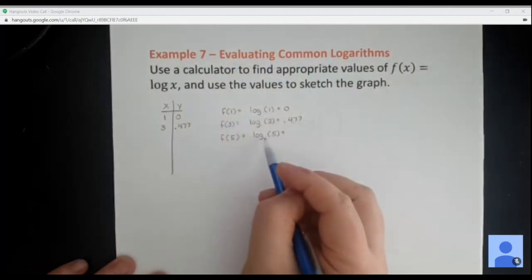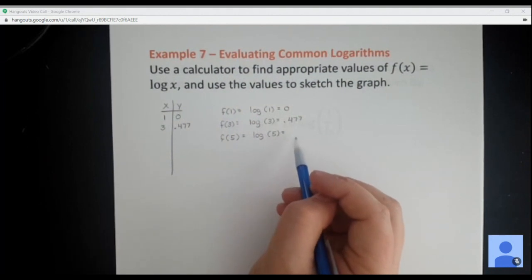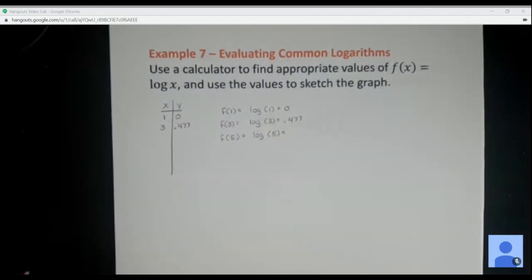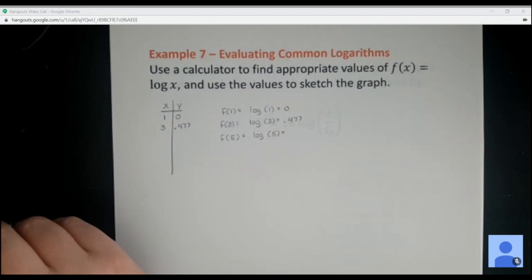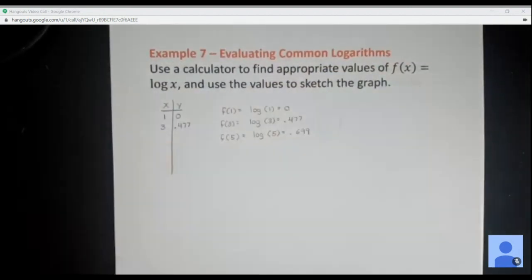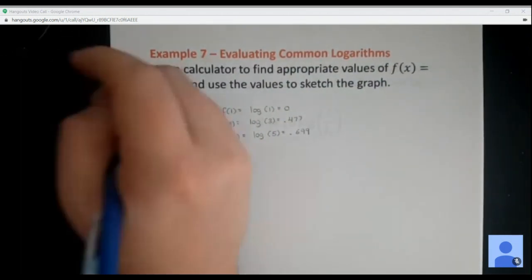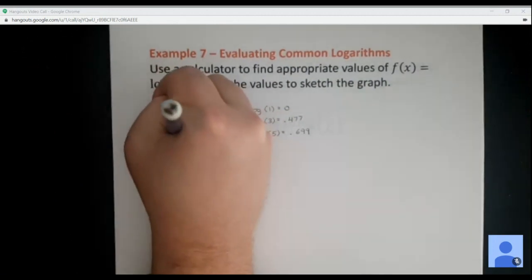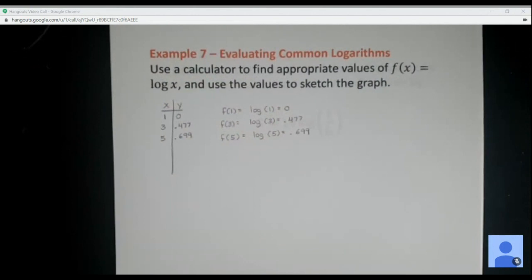Again, this is 10 to some power gives us 5. There is no good answer there that I can figure out mentally, so I'm going to have to use my calculator. What do we get when we take the log of 5 this time? Good, 0.699. And that's going to be really close to 0.7 when we go to sketch the graph. So now we've got a point at (5, 0.699).